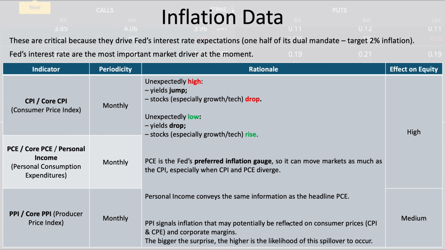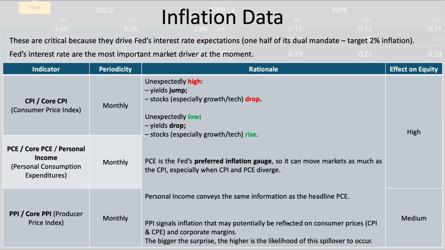And so when it comes to the interpretation of the information, if the CPI or these inflation readings come unexpectedly high, and when I say unexpectedly, it is relative to the analysts' expectations, if it comes higher than what was expected, the yields or interest rates, the returns on bonds and on T-bills, so long-term and short-term debt, tend to jump.